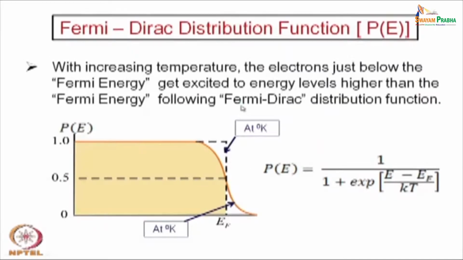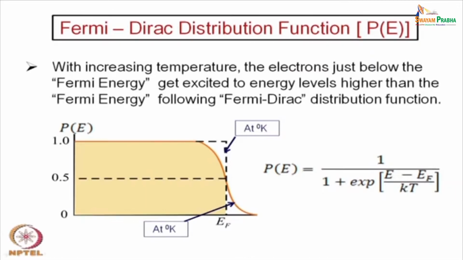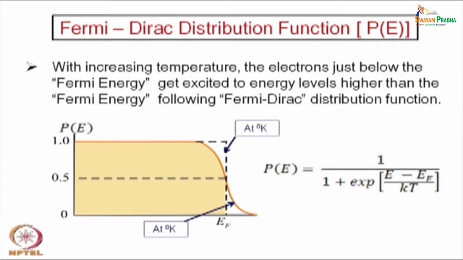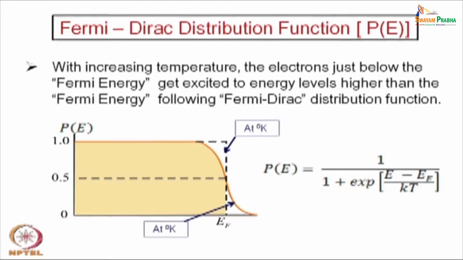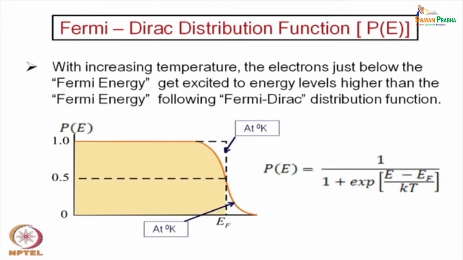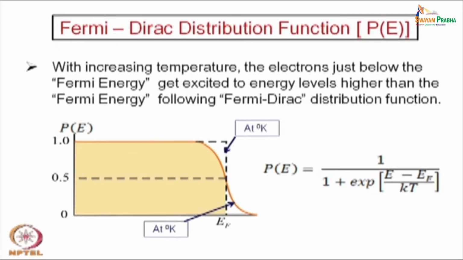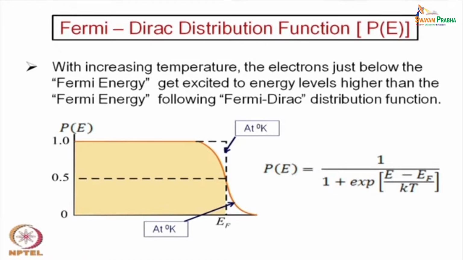However, there are two ways by which the electrons can acquire some additional energy. One is the external electric field. Under that condition, some of the electrons will acquire higher energy and go to a higher energy level above the so-called Fermi energy.